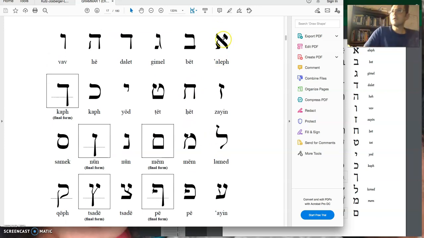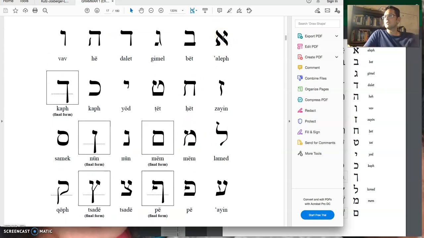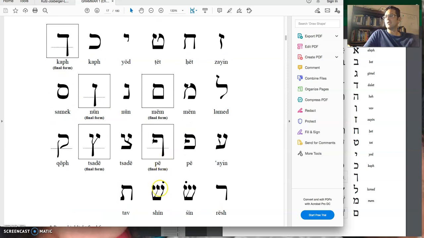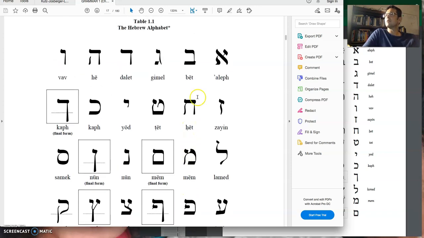The only thing you need to know is that in this song, we're not going to sing anything about the final forms, and sheen and sin get sort of smushed together into just sheen here. We only sing sheen; we don't sing about sin. So there's a kind of conflation in the song. All right, here we go.